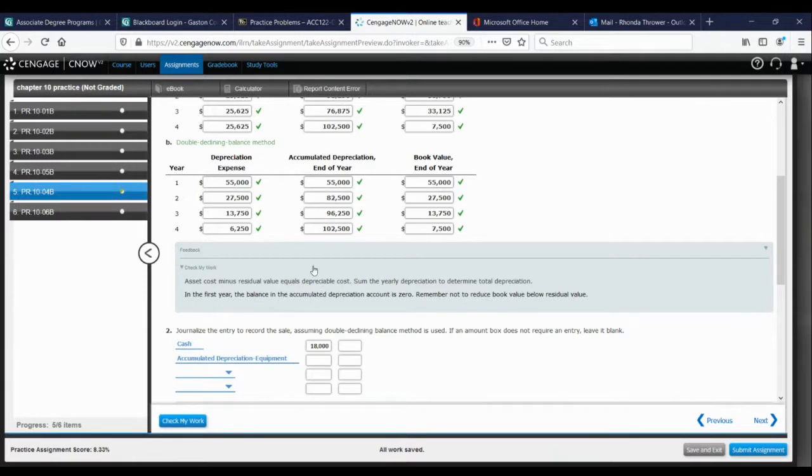Remember, we sold the asset at the beginning of year 4. So what we want to do, class, is look at the depreciation that we had recorded up to year 4, which was 96,250.